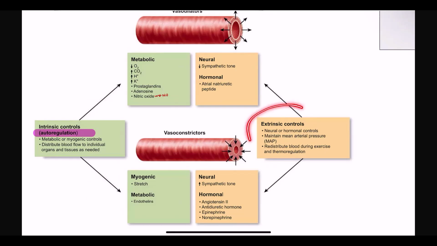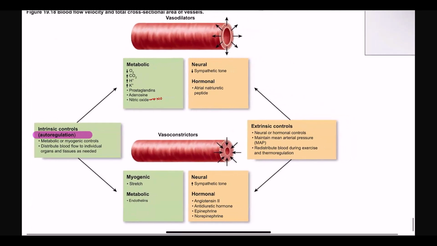Okay, if we flip over to the extrinsic side, the yellowy orangey side, we can see that there's two main things that cause vasodilation. Two main things. We have the neural controls, the hormonal controls. If sympathetic input goes down, sympathetic tone decreases, that means the PSNS starts taking over a little bit more.